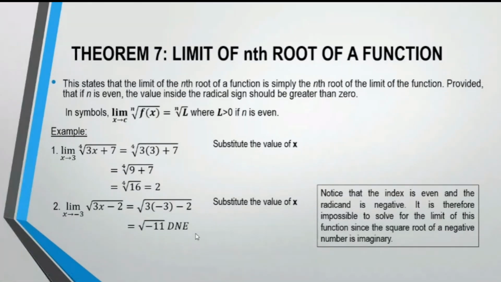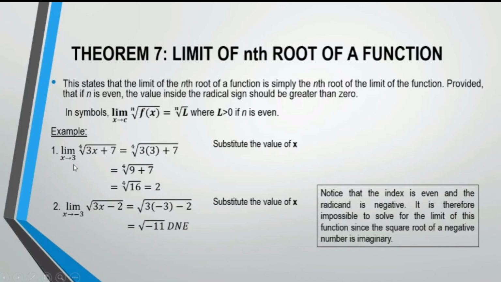Next is Theorem 7, limit of the nth root of a function. This states that the limit of the nth root of a function is simply the nth root of the limit of the function, provided that if n is even, the value inside the radical sign should be greater than 0. In symbols, limit of the nth root of f of x is equal to the nth root of L as x approaches c, where L is greater than 0 if n is even.